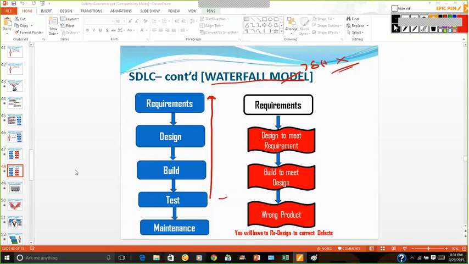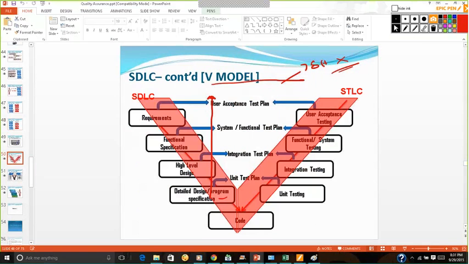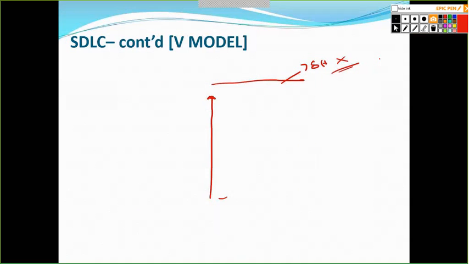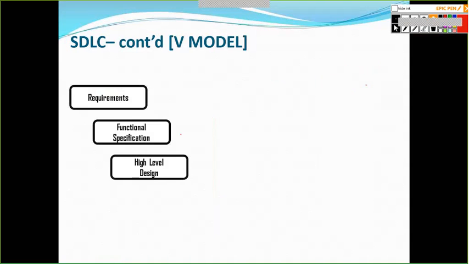So in order to overcome that disadvantage, another model was developed. In this model the phases are the same: requirement gathering, and then the design phase was split into functional specification and high level design.